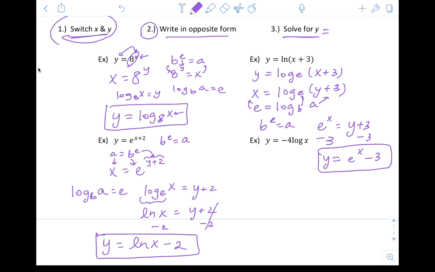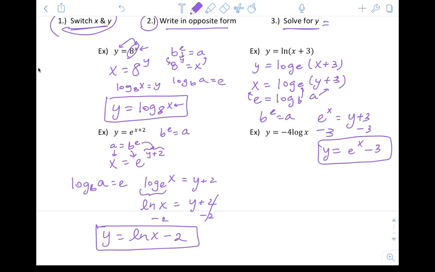All right, last one. This one's a little bit weird, just a little bit. So you have logarithmic form, but I want you to notice how you don't have log leading the way, and you want it to lead the way. You do not want the -4 there. So we're going to divide by that -4.